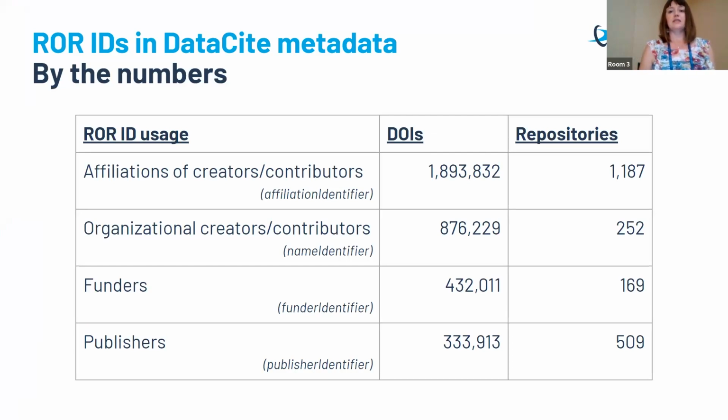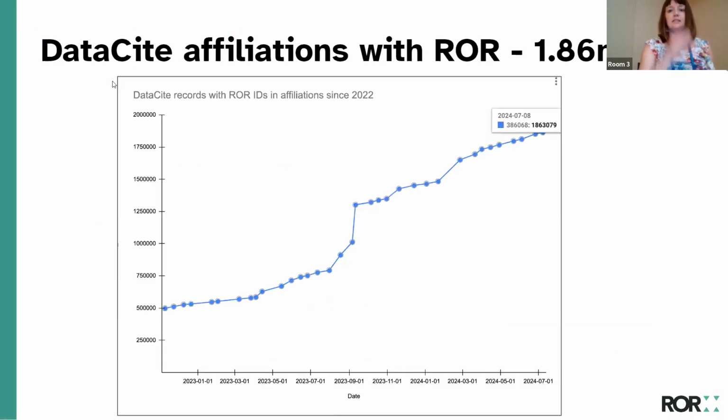So it's really great to see these numbers continually rising, with more usage of the identifiers with the organizations. And the repositories count is how many repositories have submitted records that have that information. And just by the numbers, you can see the increase over time with the ROAR usage. So it's really rising over time, and that's from the DataCite metadata as well.